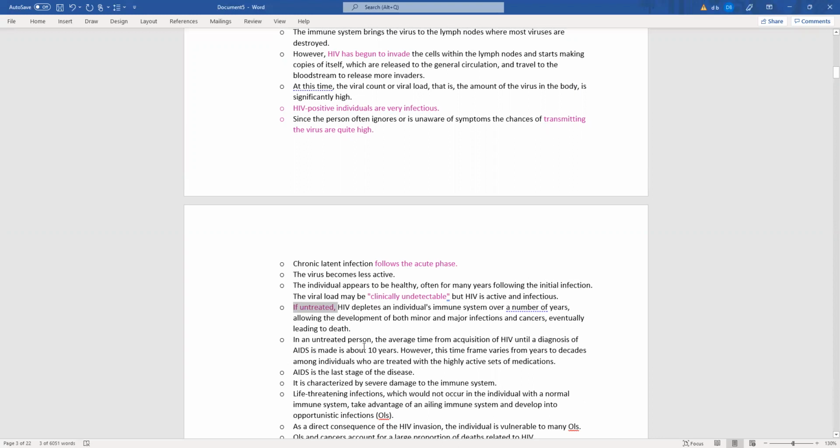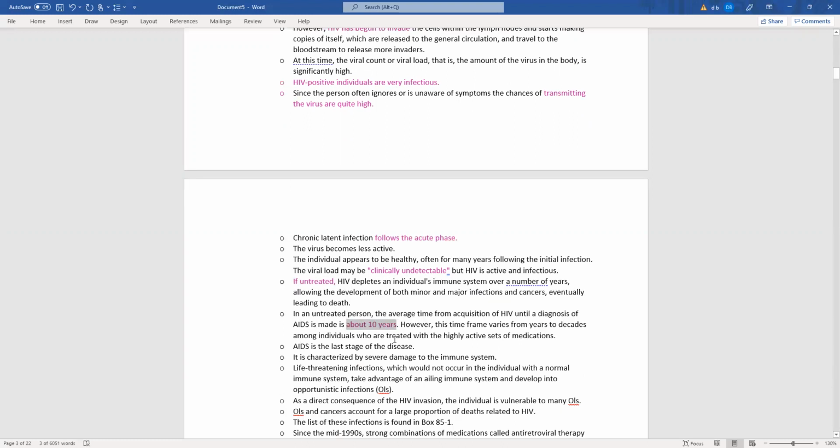In an untreated person, the average time from acquisition of HIV until a diagnosis of AIDS is about 10 years. However, this time frame varies from years to decades among individuals who are treated with the highly active set of medications. If you're taking your medicines like you should, you probably keep HIV forever.